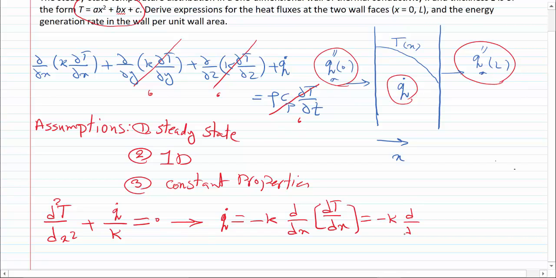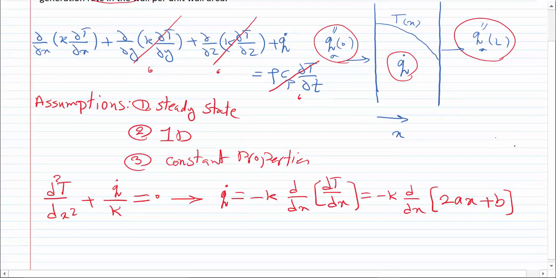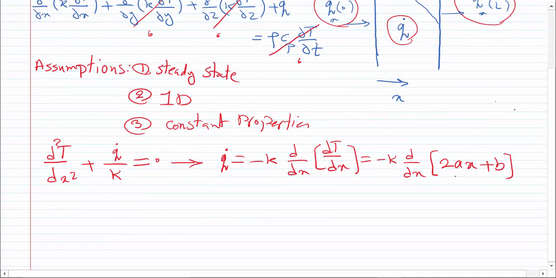The first derivative of that function is going to be 2ax plus b, and again I need to take another derivative of the function, so q dot will give me minus k times 2a. This is how the heat generation is found. So we have a constant value for that.